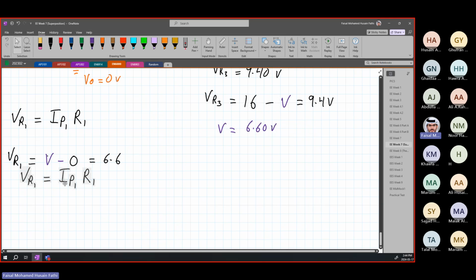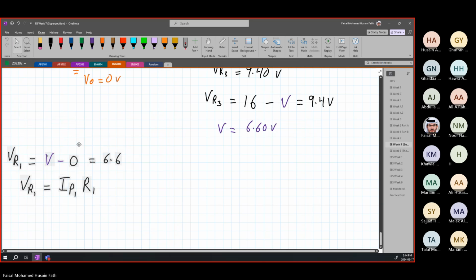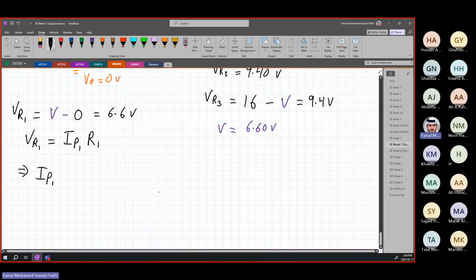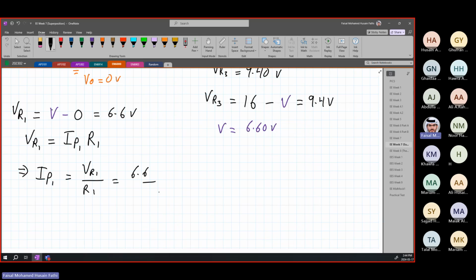Let me put this down actually like that. So 6.6 volts. Now we know that if we rearrange this equation, IP1 is equal to VR1 over R1, which is equal to 6.6 over 470 ohms.